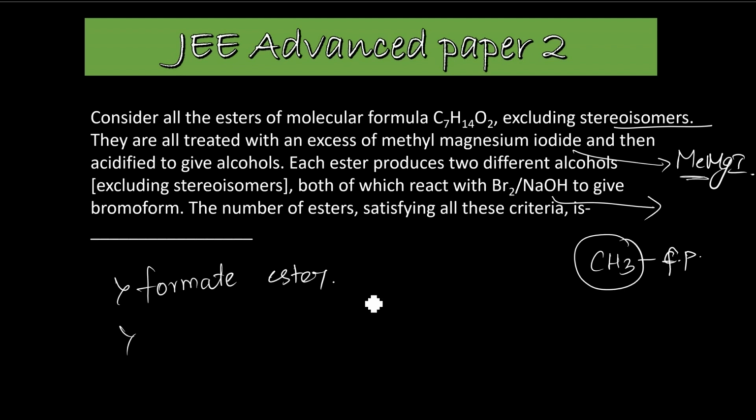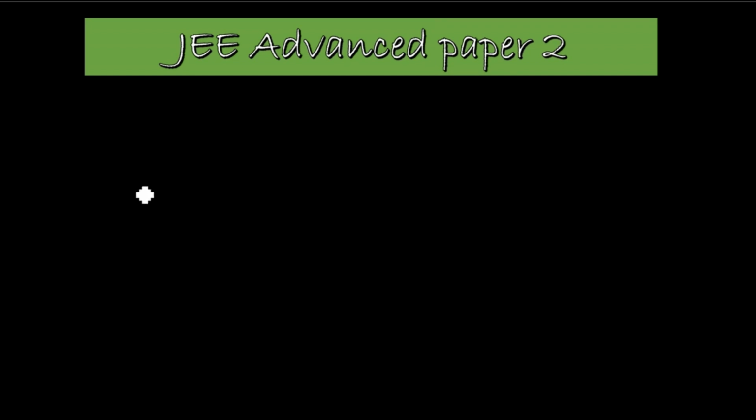Then what types can it include? I am writing what are the esters it can give. The first one which I would like to take, the formula is C7H14O2.